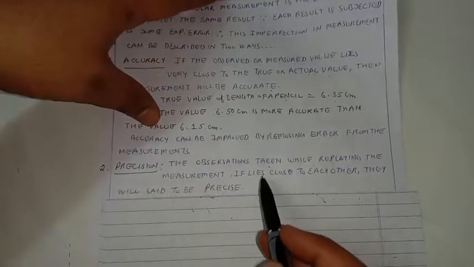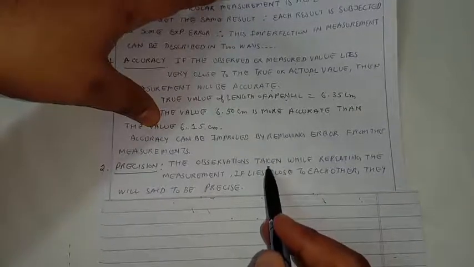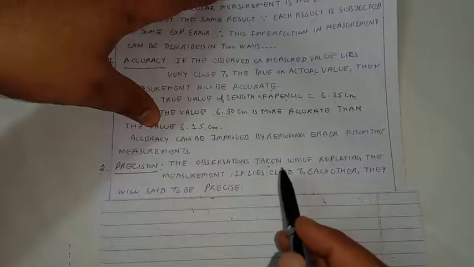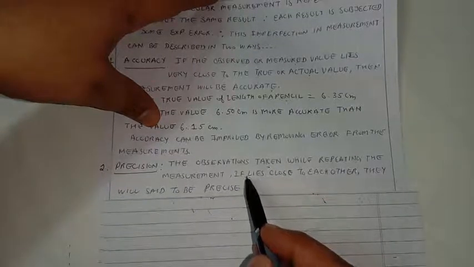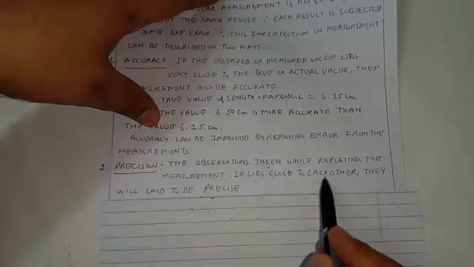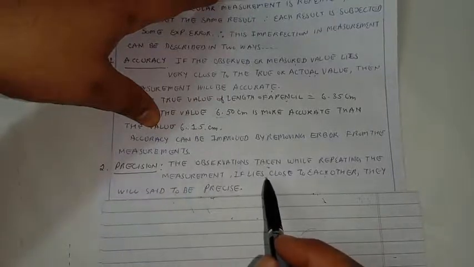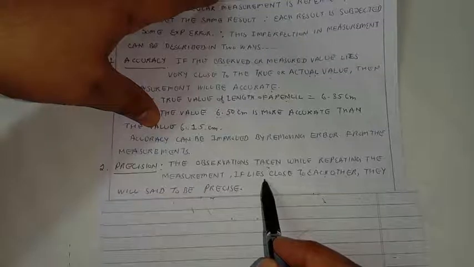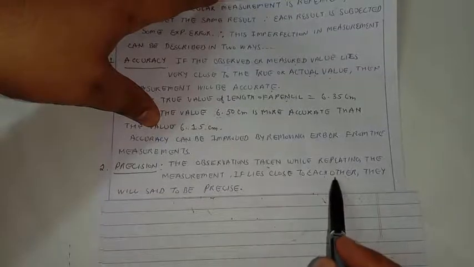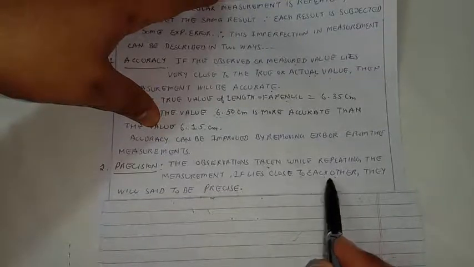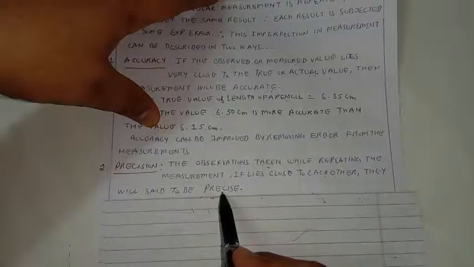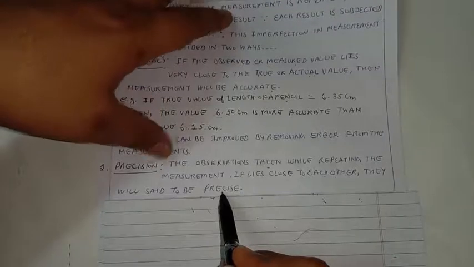If we compare all those observations and find that they are very close to each other, then they are said to be precise. So what is precision? If the measured values of the same physical quantity lie very close to each other, they are said to be precise. But if they are not close to each other, they will not be precise in nature.